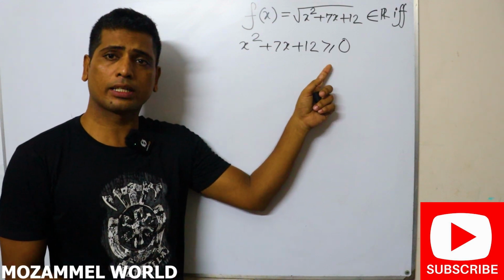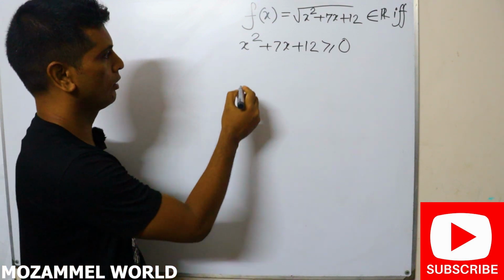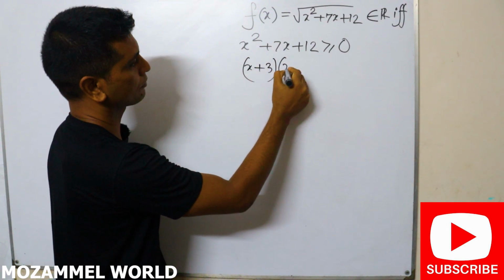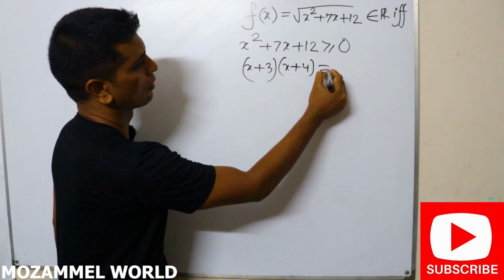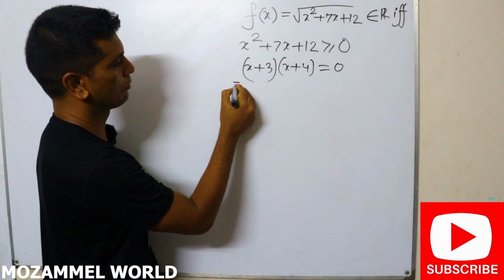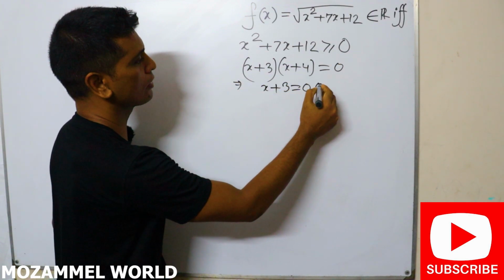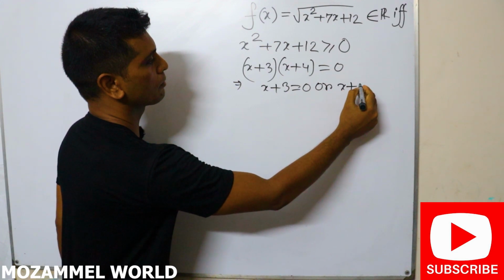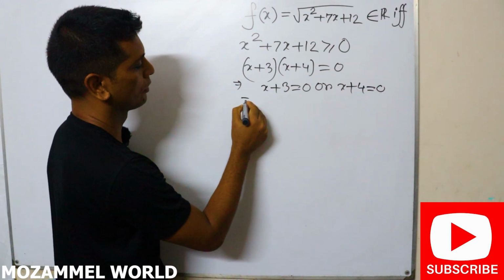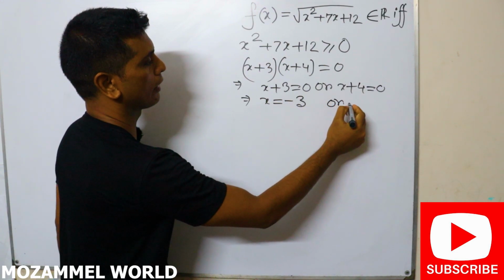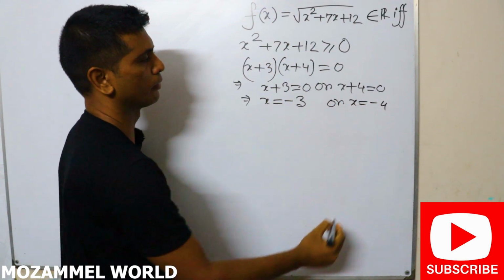If I consider the equal sign, then (x plus 3)(x plus 4) equals 0. That means either x plus 3 equals 0 or x plus 4 equals 0. That means x equals minus 3 or x equals minus 4.